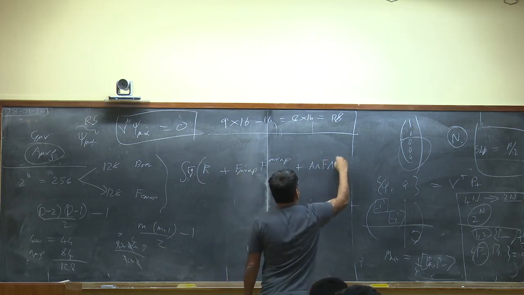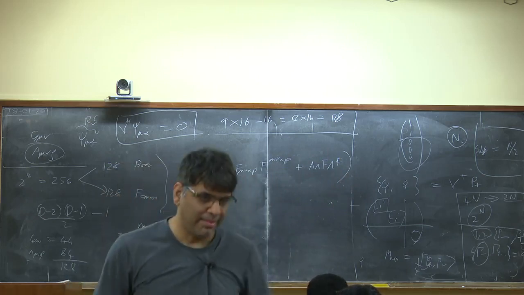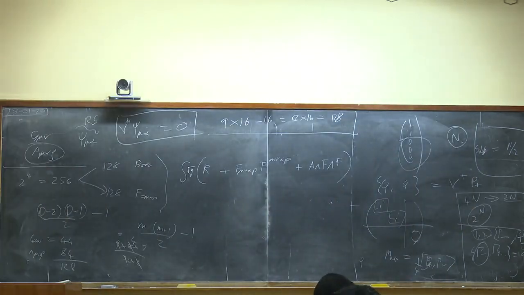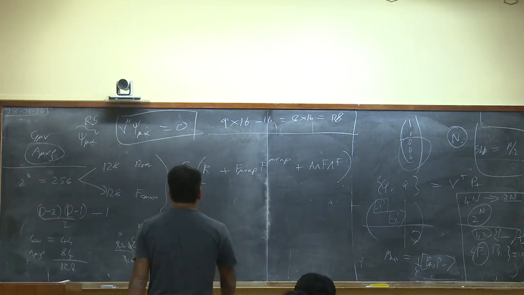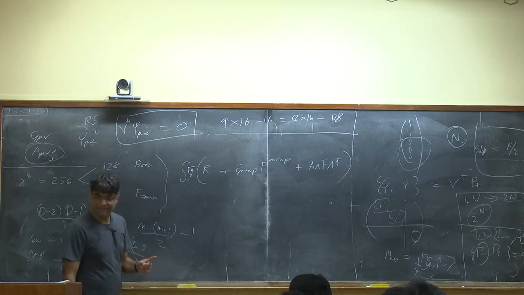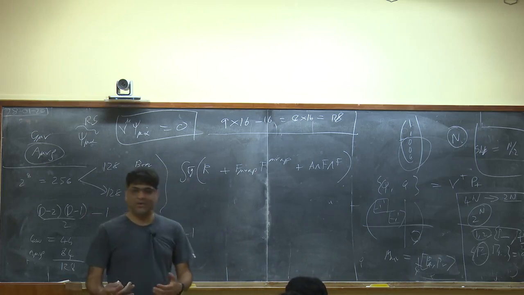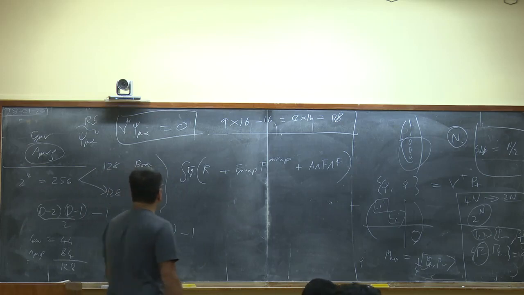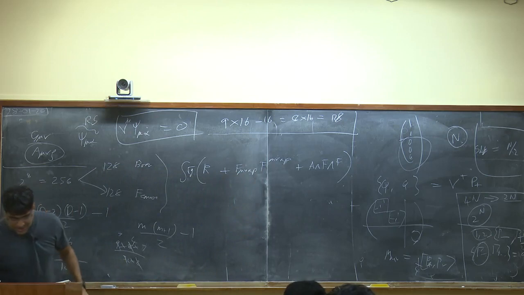Now, at this level, what is the information in this action? Actually, very little. You see, we choose a metric. Nobody's told us what the overall normalization of F is. So we can always choose the normalization of F so that the relative term here is 1, though I think Polchinski chooses minus half.